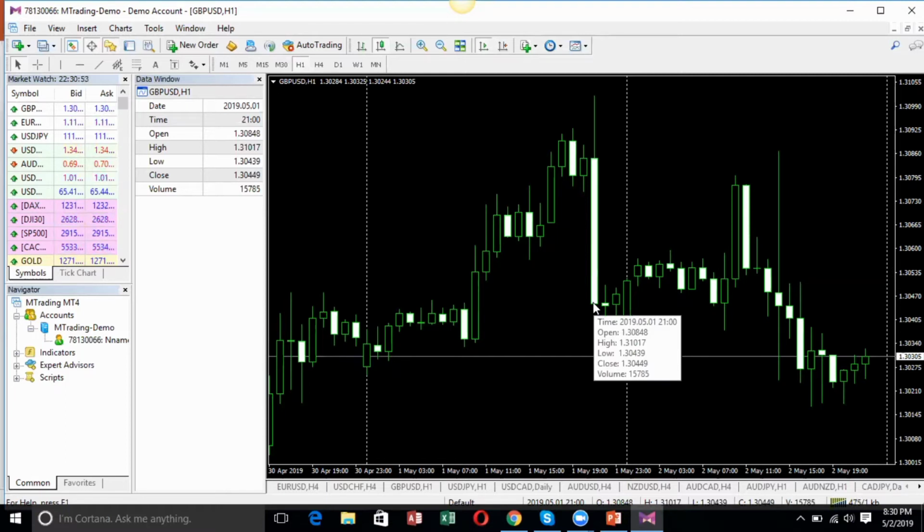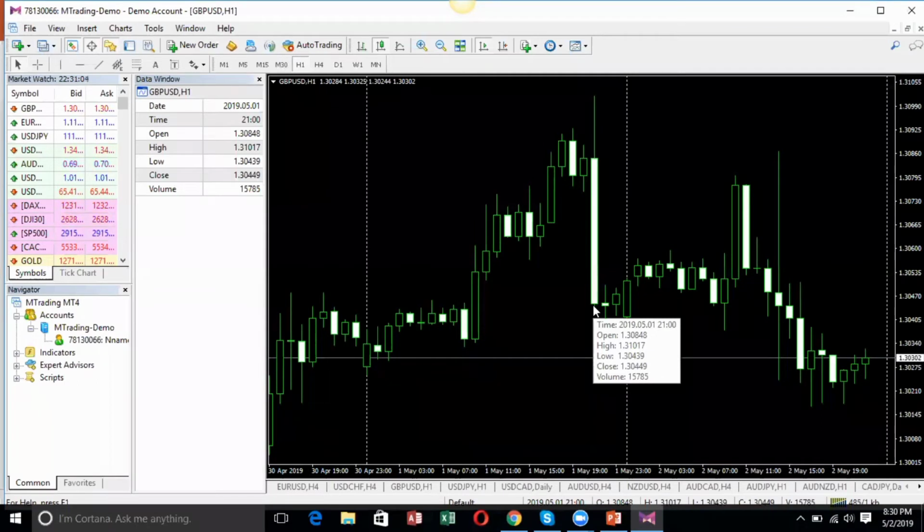So in this case, the close is lower than the open. So this is what? This is a sell candle, irrespective of the color.